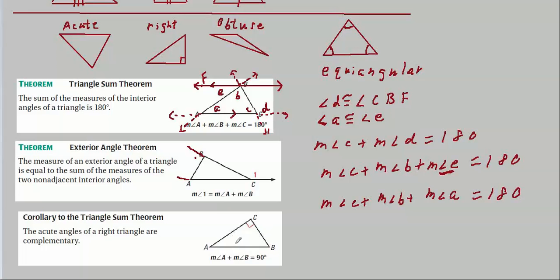A straight line might, in some higher math classes, be considered a degenerate form of a triangle. But we're not going to consider it that way. We're just going to consider a straight line to be a straight line and leave degenerates out of the class. This is really, really simple, very obvious.